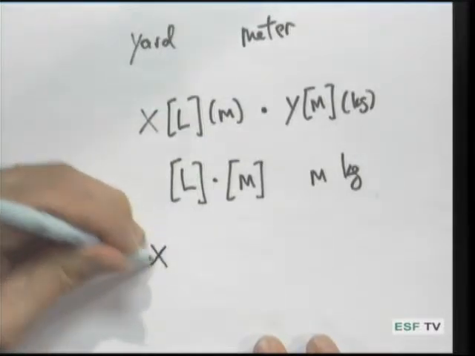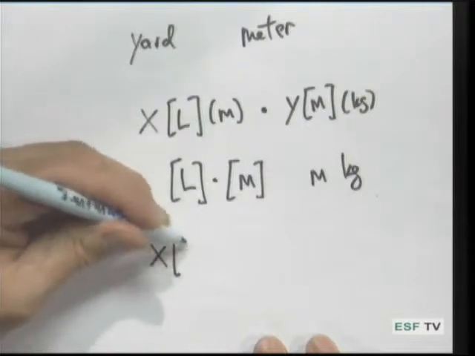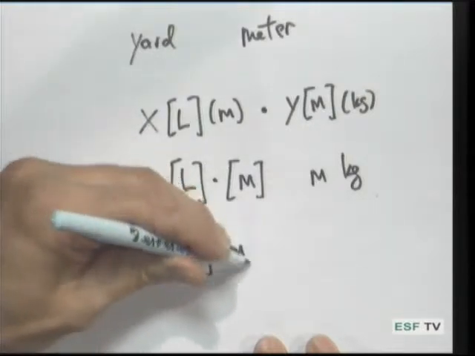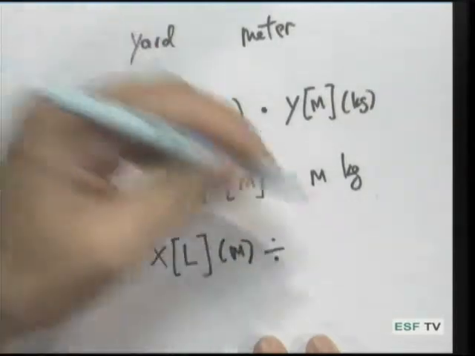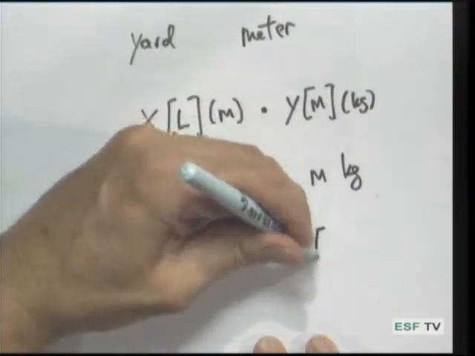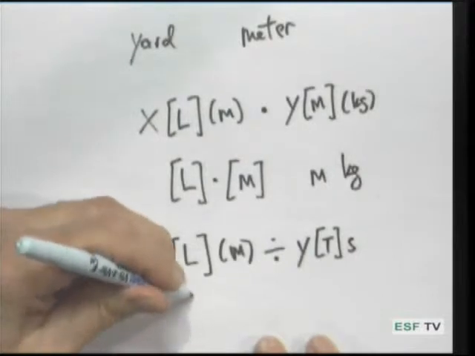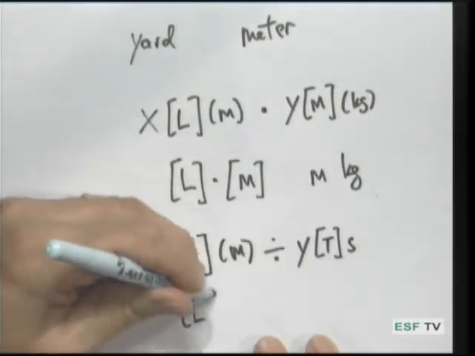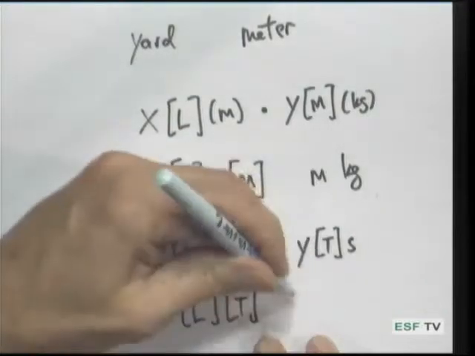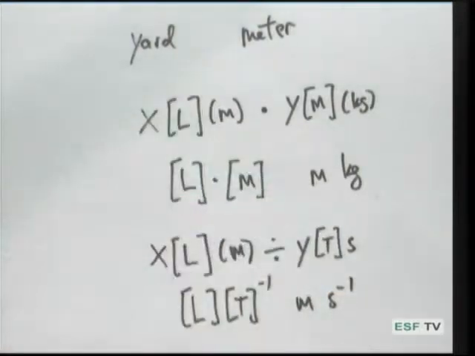You can also divide units just as you do dimensions. So for example, if you have a length measured in meters, you can divide that by a quantity y that is a time measured in seconds, and what you'll end up with is something that has dimensions of length times time to the minus 1, or units of meters per second, or meters times seconds to the minus 1.